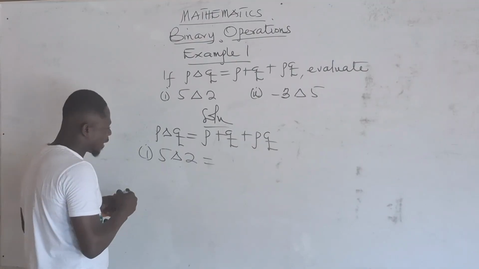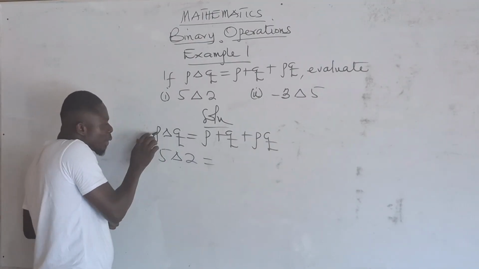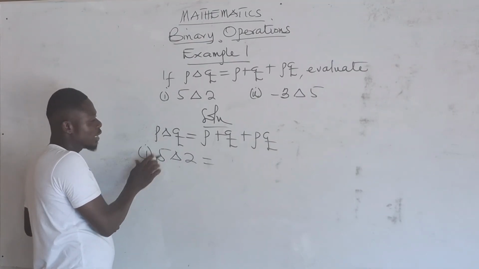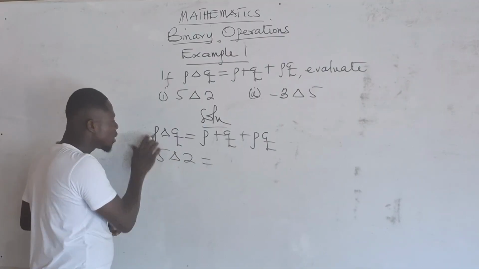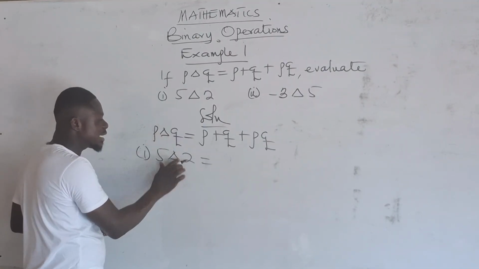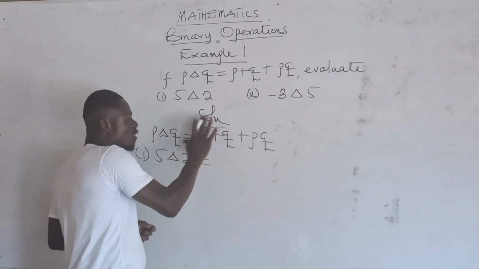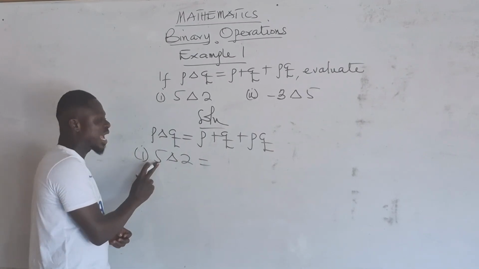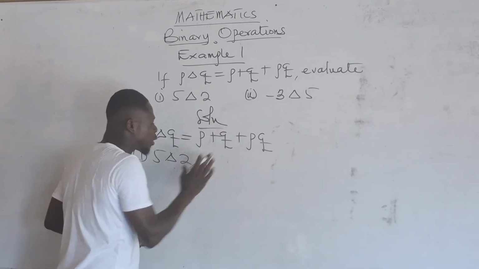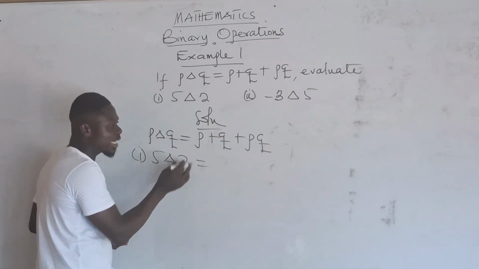So by comparing, we can see clearly that our P is now 5. Our Q is now 2. First, second. So in place of P, we are going to write 5 there. In place of Q, we are going to write 2 there.